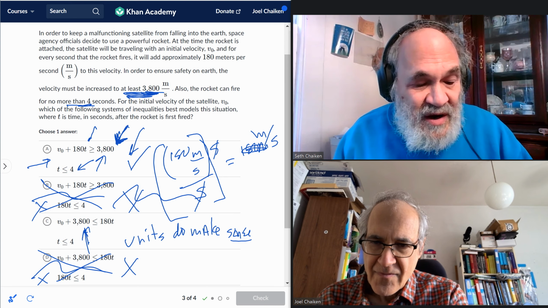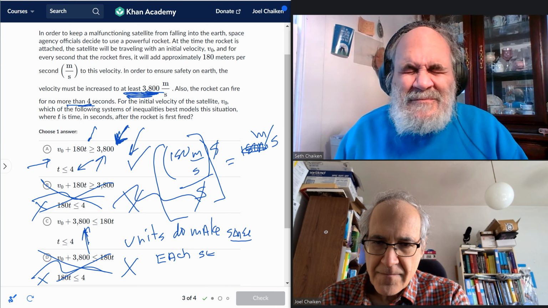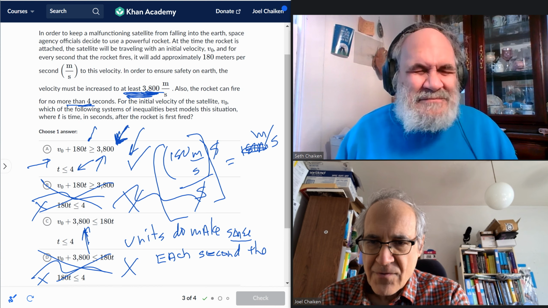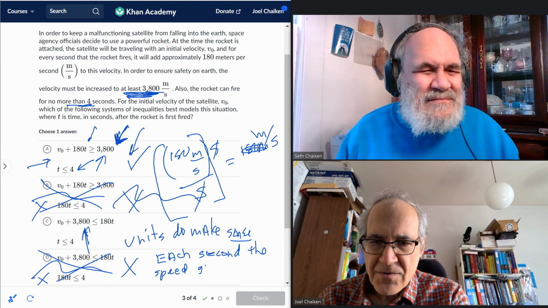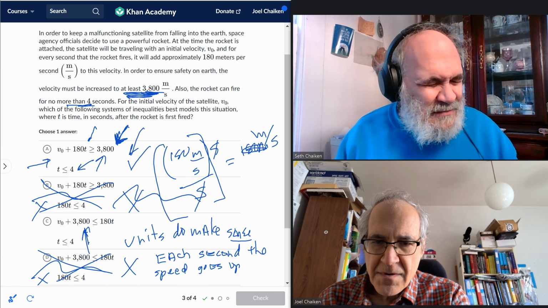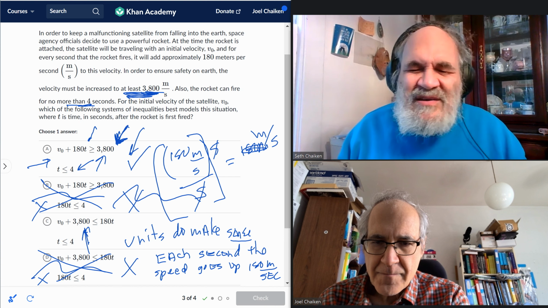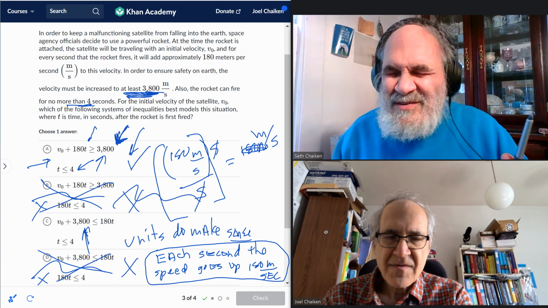This concept of rate can apply to anything, even to a rate. Each second, the speed goes up by 180. So we're talking about the rate of increase of a speed.